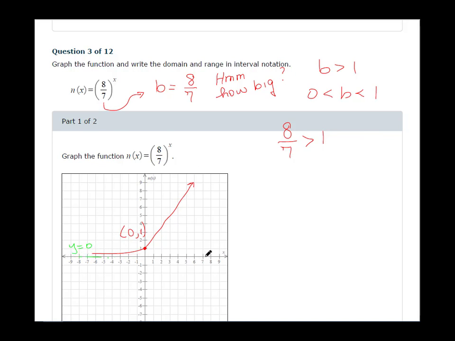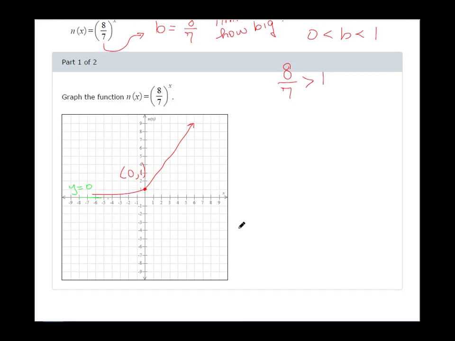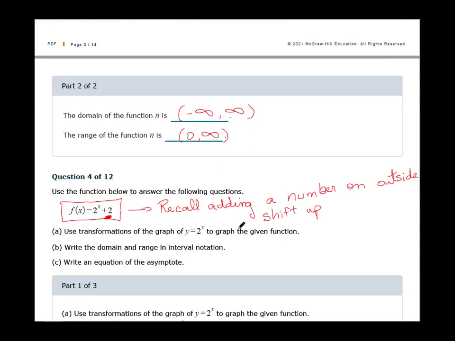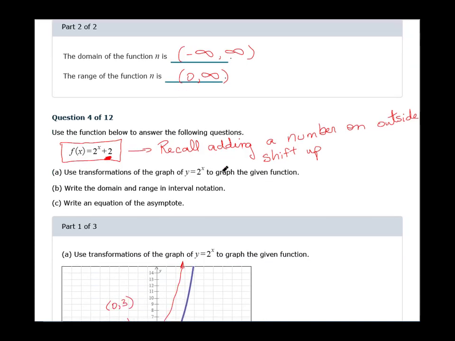Asymptote is the x-axis, crosses at 0, 1, and then you just need to pick one more point. And again, I would pick x to be 1, and then the output is 8/7, making it easy to calculate. No change on the domain and the range.